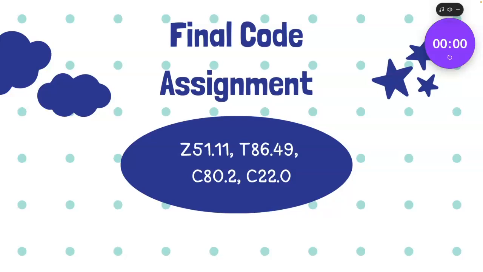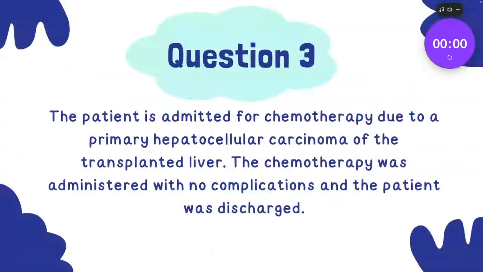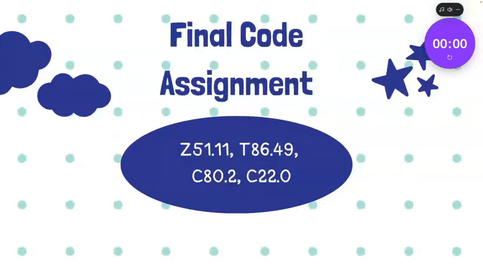The guidelines even go as far as to tell you that the code is from category T86. And then it also tells you to pick up C80.2. And then we need the code for the original cancer, which is the hepatocellular cancer. So those are the four codes.